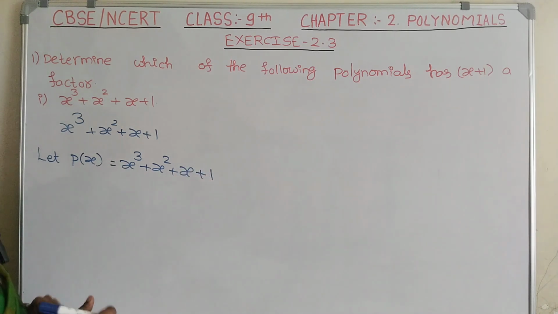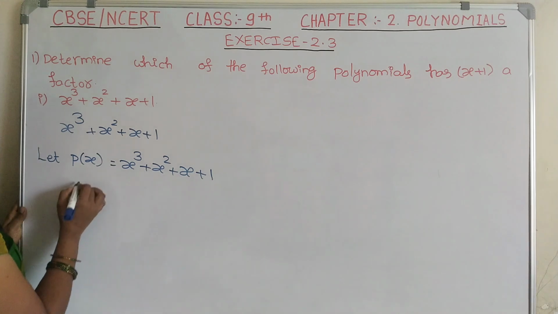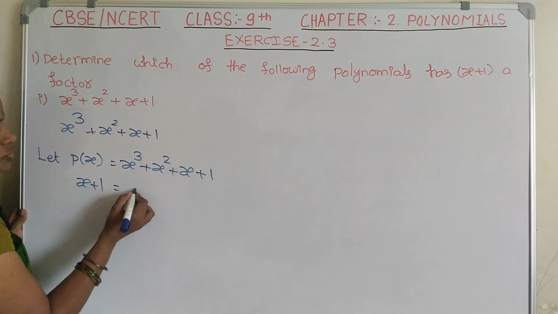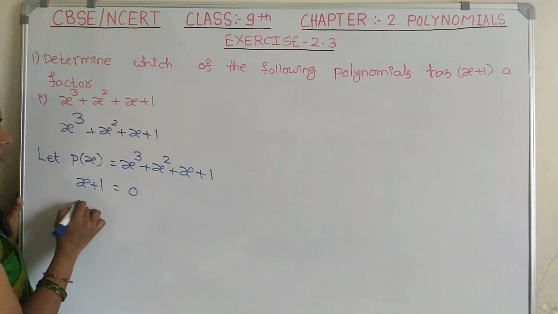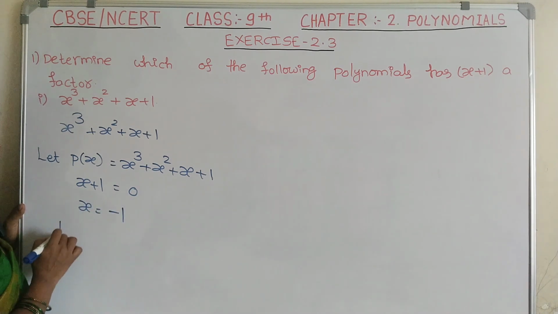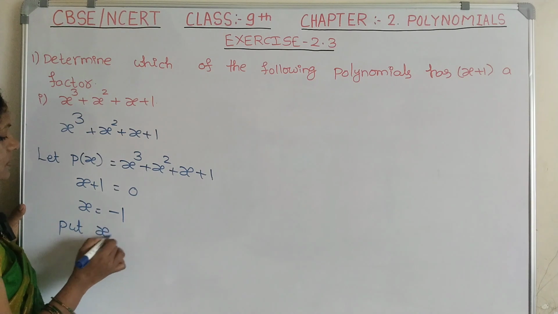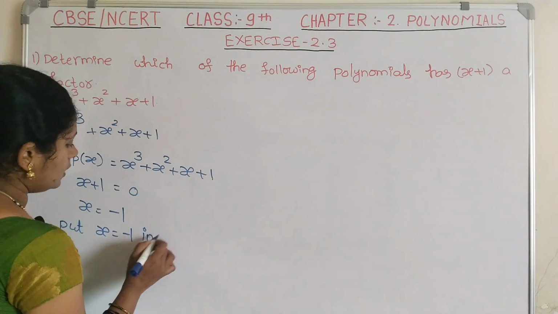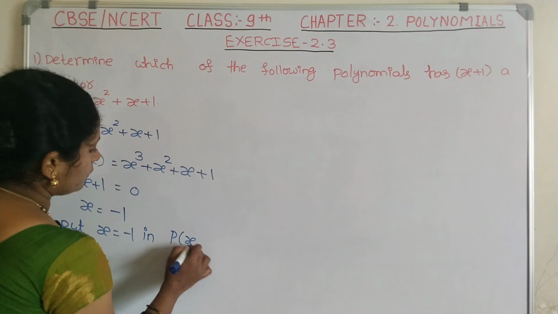If x plus 1 is a factor, then we equate it to 0, so that we get x equal to minus 1. Now put x equal to minus 1 in p of x.